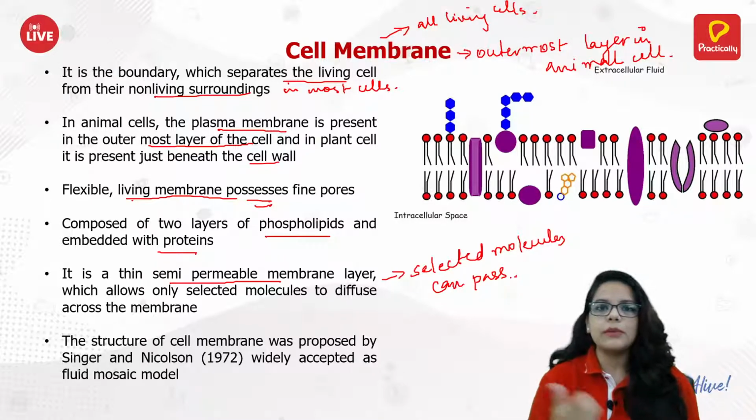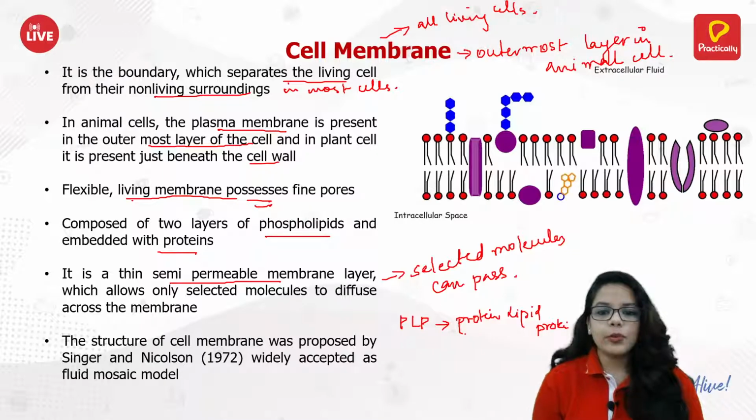One of them was PLP, protein-lipid-protein. That is not a true model, but some scientists say that PLP, protein lipid protein, meaning there is a protein layer, then a lipid layer, then again a protein layer, something like that.